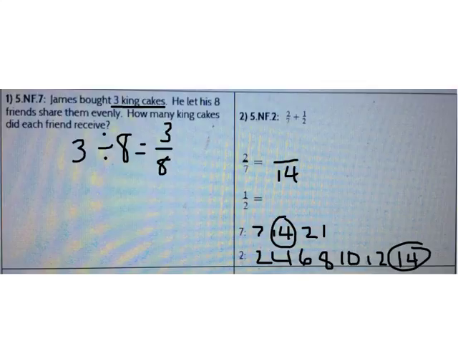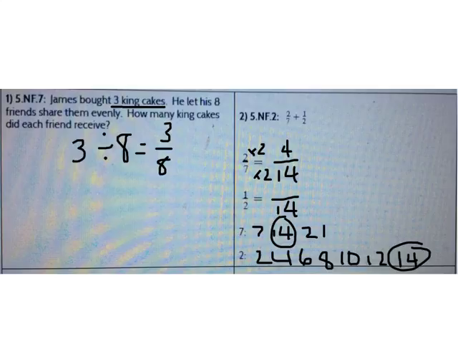Now I need to change the fractions so that they both have a denominator of 14. When I change 2/7 so that the denominator is 14, what's my new fraction? Well, 7 times 2 is 14. 2 times 2 is 4. So 2/7 is the same as 4 over 14.